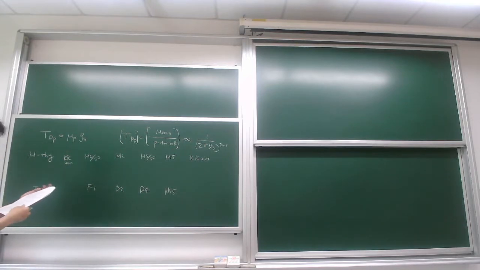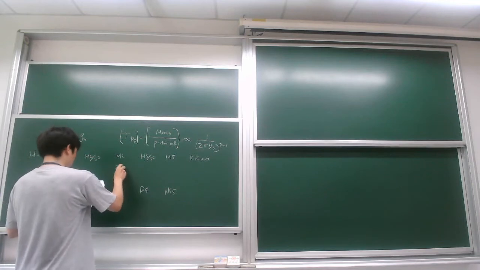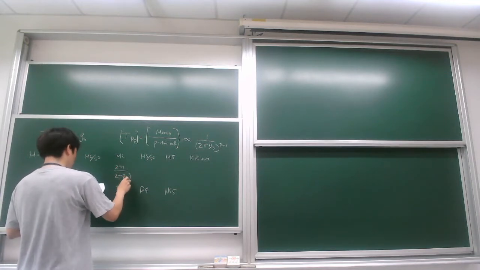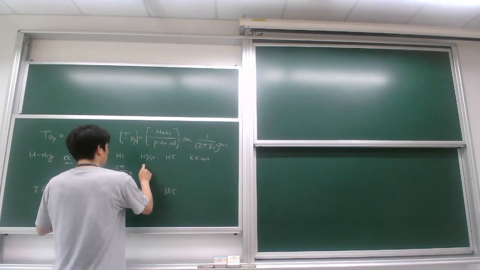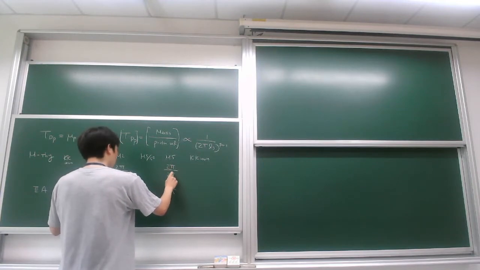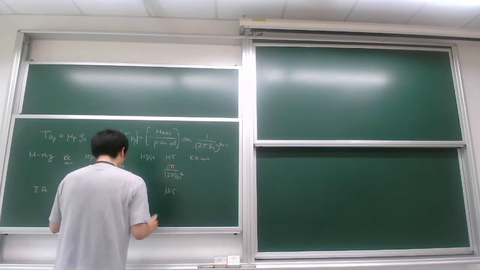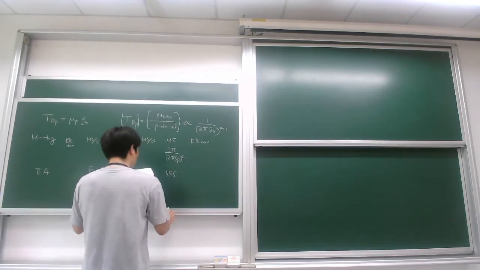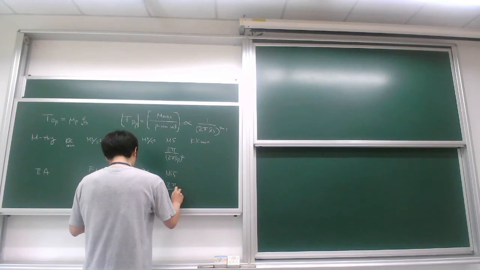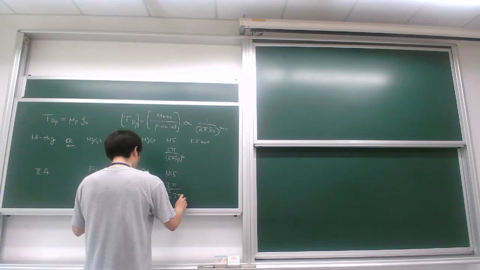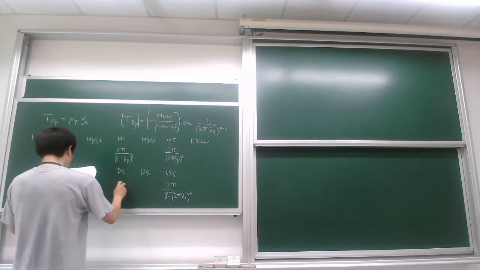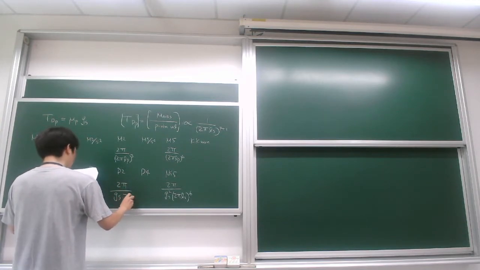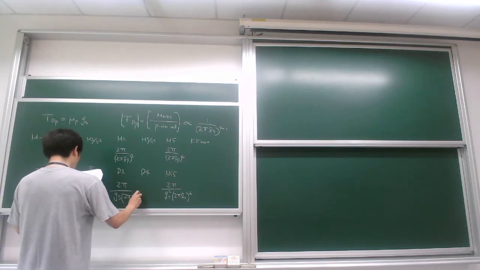And if you assume this is 2 pi Planck length to the cube, we use the relation between Planck length and the string coupling constant. Then what you have is 2 pi g_s squared, 2 pi string length, and then here you have 2 pi g_s, 2 pi l_s to the 5.